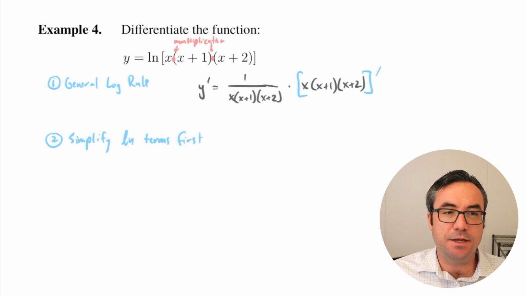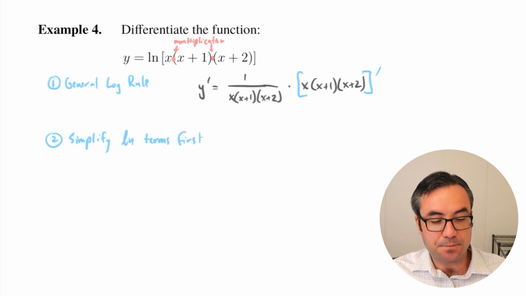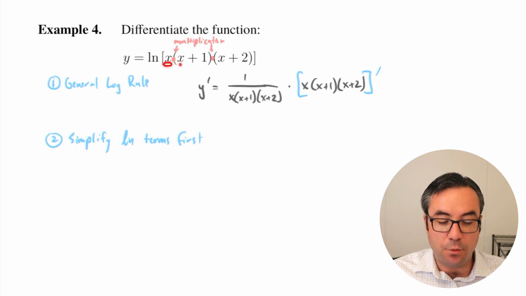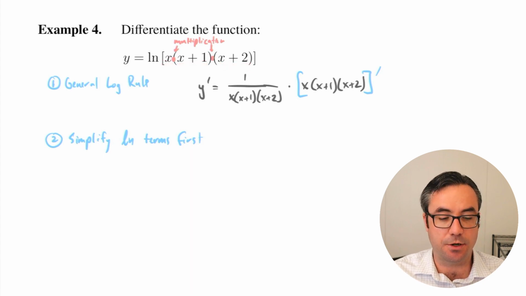And why natural log is so nice is, wherever we have multiplication going on inside of our natural log, we can essentially break it up, split it up into, in this case, 3 separate natural log terms.